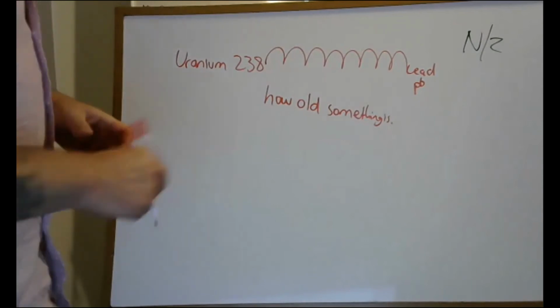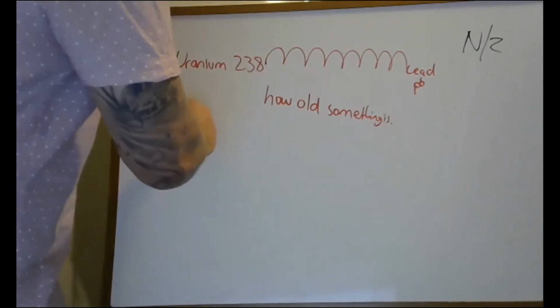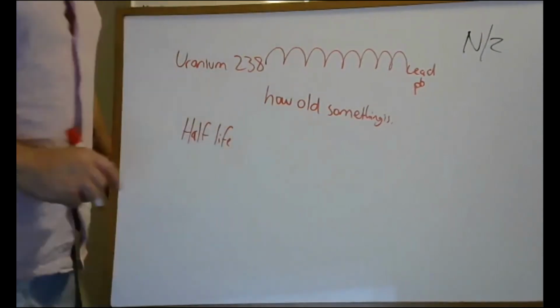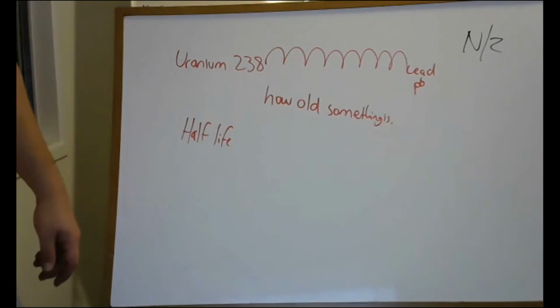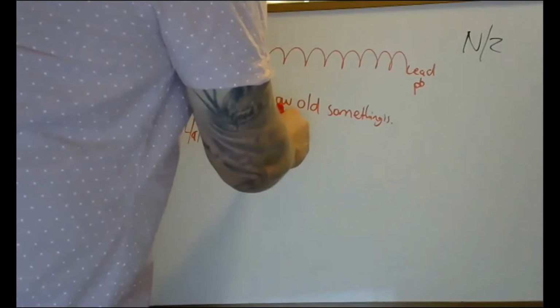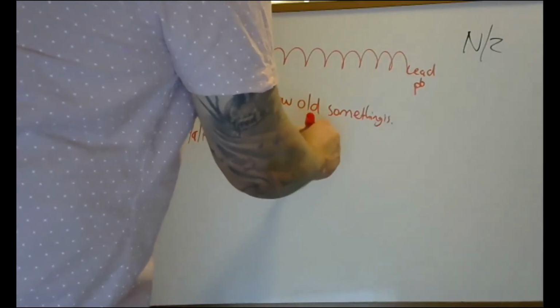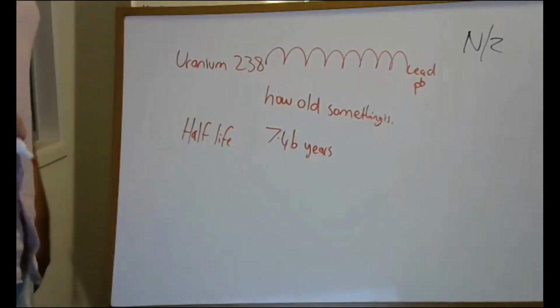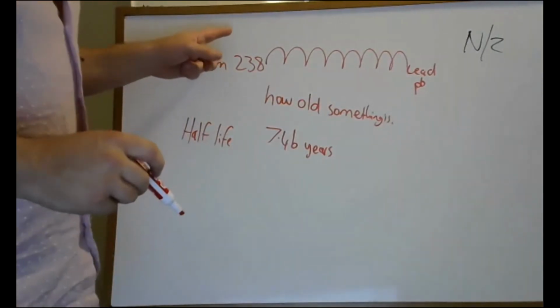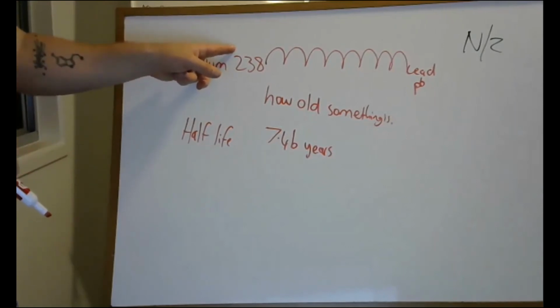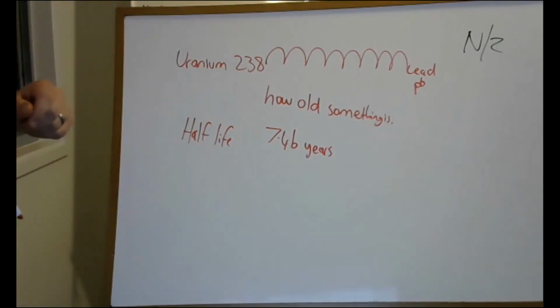So we have this concept called the half-life. In 7.4 billion years, there will be half as much uranium than there was at the beginning.